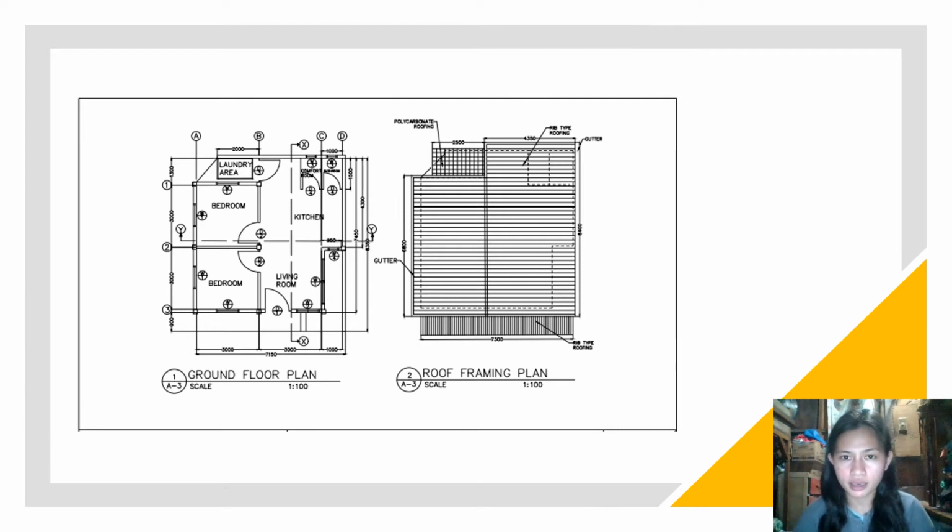For the roof truss, I am going to use C purlins, and for the roofing, I will have the rib type roofing, and for the laundry area, I am going to use the polycarbonate roofing. So, magiging transparent din siya. And even here in the front, for the mini landscape na meron kami, I will also use a rib type roofing or yung mga color roof. Ganun.